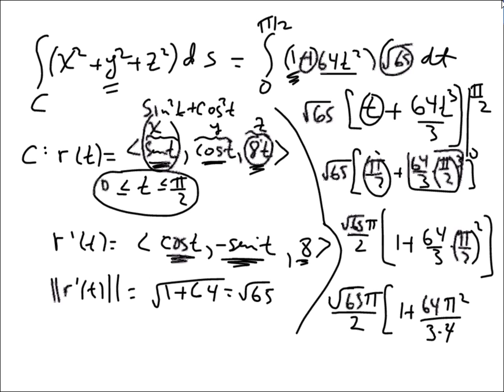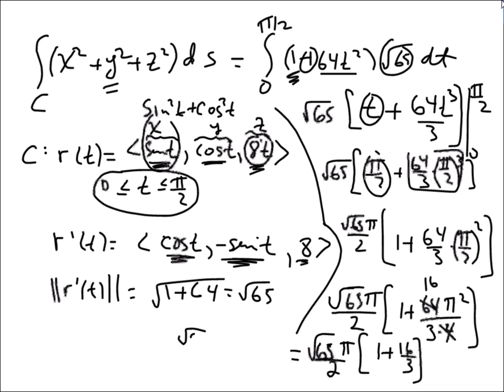The reason I didn't say 12 is because 4 goes into 64 16 times. So we end up with the square root of 65 times pi over 2 times 1 plus 16 thirds. 1 plus 16 thirds is 19 thirds.